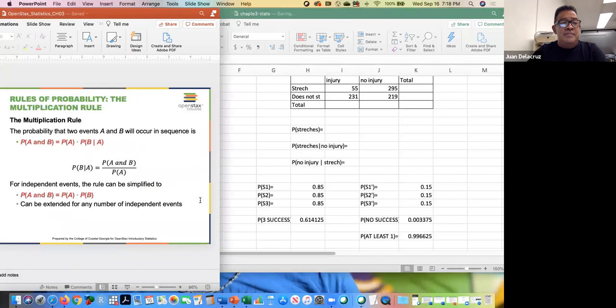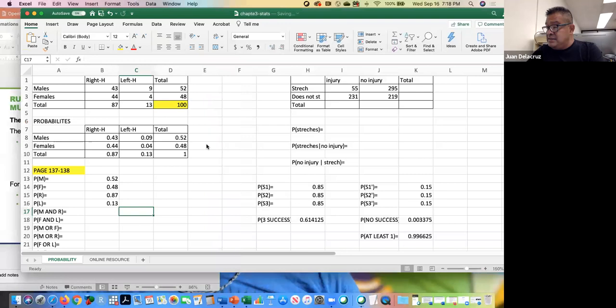If we are using the multiplication rule for dependent events, we are going to use the probability of A times the probability of B given that A has already occurred.